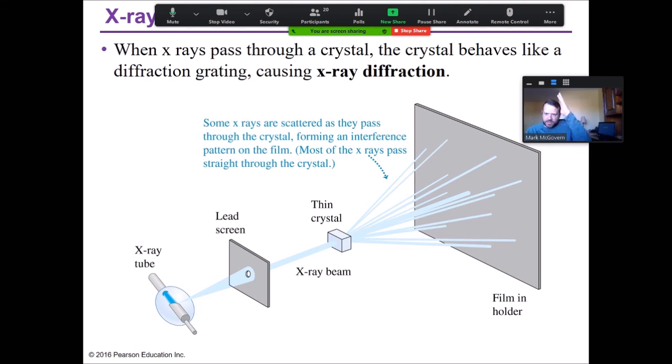The X-rays come through, they reflect off atoms, and depending on path length differences between individual atoms in the lattice structure, you can map out the lattice layout.